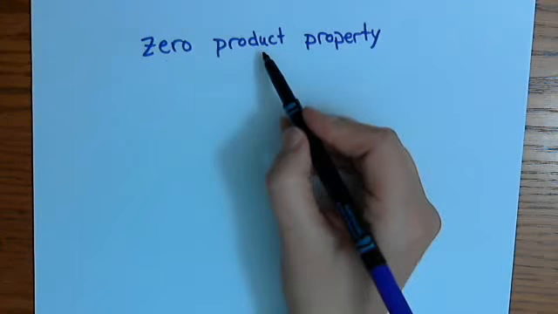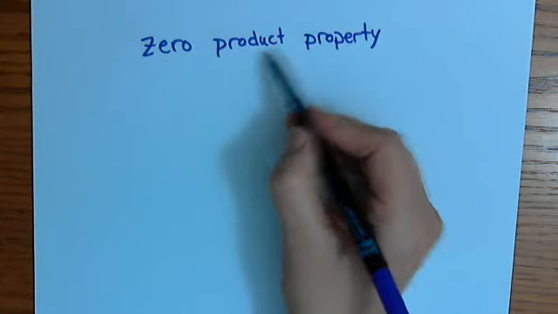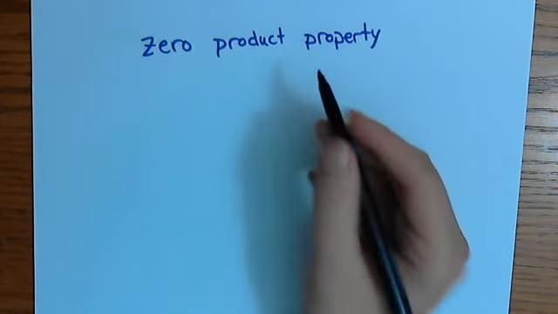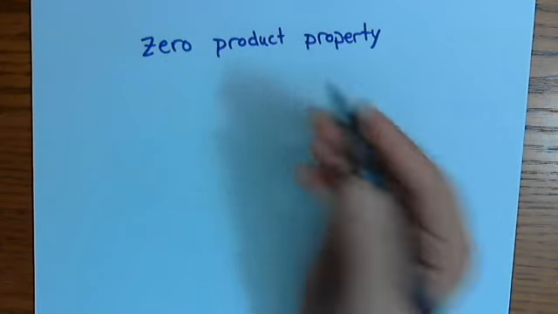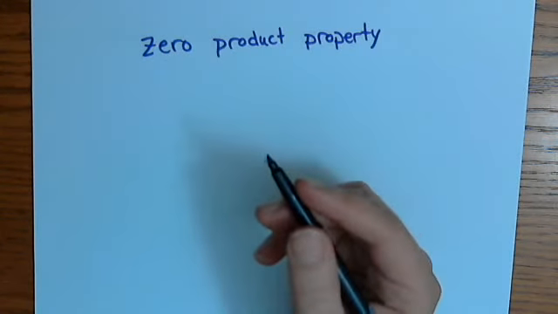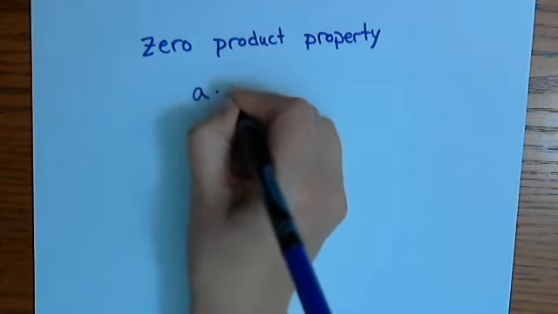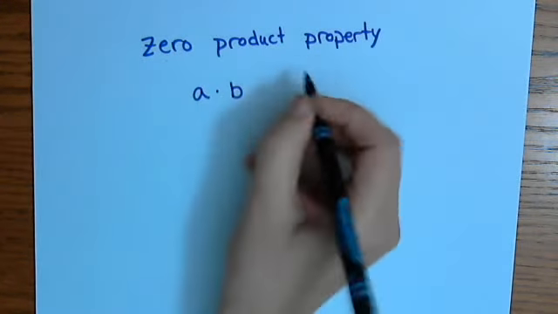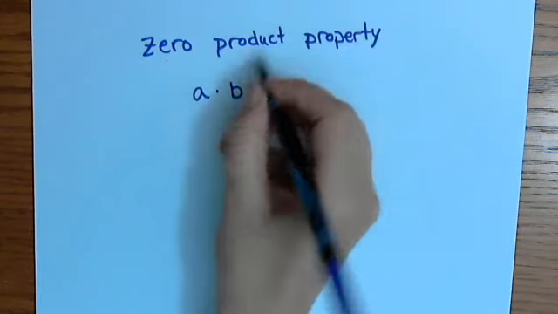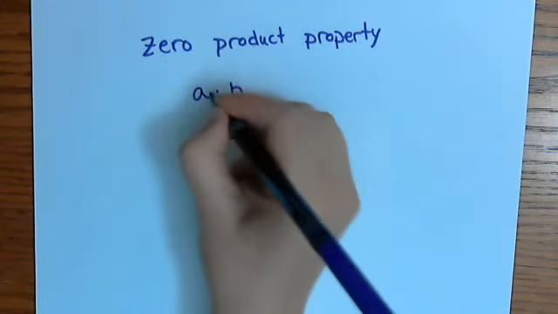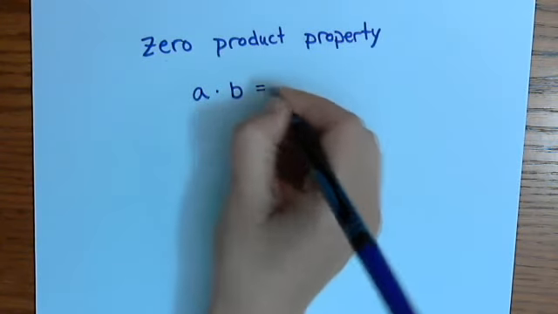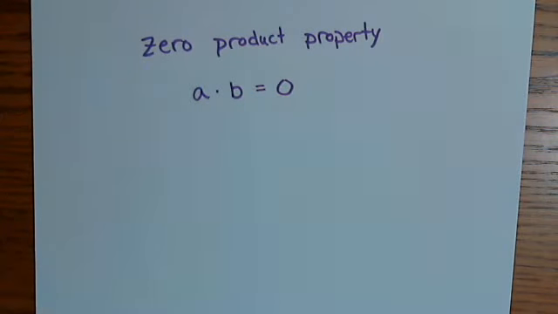So if I have a zero product property, what I'm actually saying is I have two numbers. What should I call them? Two numbers. Let's call them A and B. A times B. And I know I'm going to be multiplying them together. It is the product after all. And when I multiply these two numbers together, I get an answer of 0. Now let's think about this a minute.